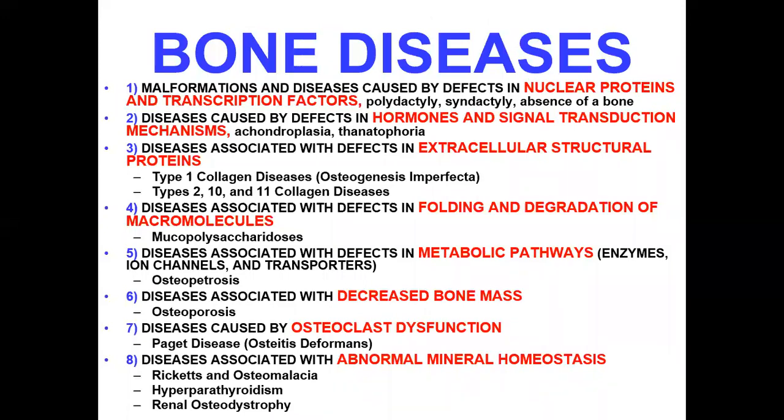So bone diseases. Bone diseases may be congenital, they may be metabolic, they may be inflammatory, they may be neoplastic. So congenital malformations, diseases associated with defects in extracellular structural proteins like type 1 collagen disease, that is osteogenesis imperfecta, and other collagen diseases.